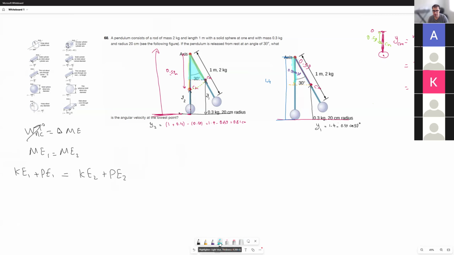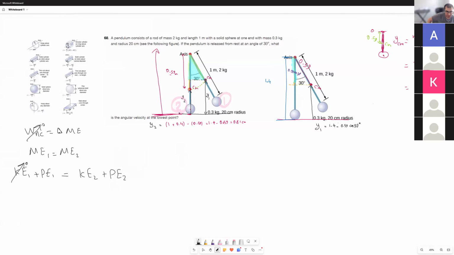This is going to be 1, and 2 is when it's completely vertical. What is 0 in my equation? Kinetic energy 1 is 0, because it's released from rest.